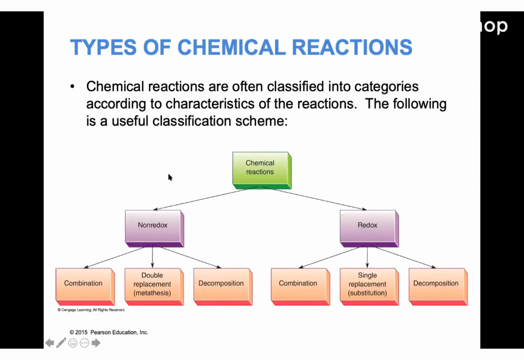Chemical reactions usually are classified as redox and non-redox. What is a redox reaction? I'm not going to explain redox at this level of chemistry, but just know the definition. In a redox reaction, we have a combination of reduction and oxidation.